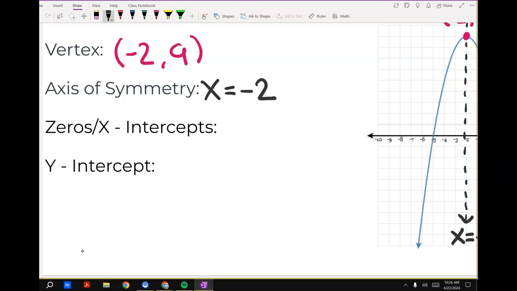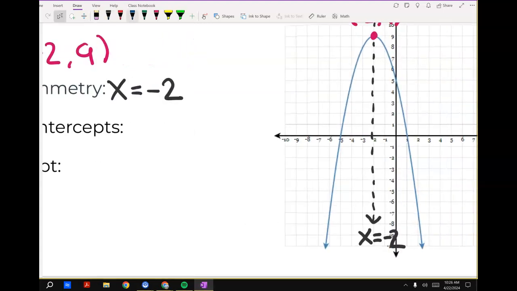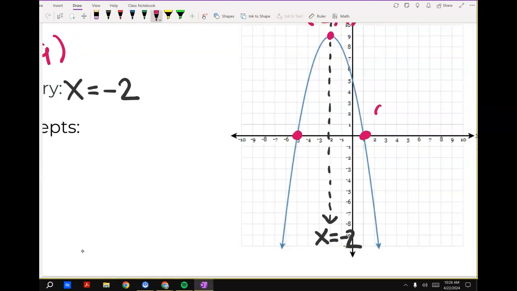My zeros, or my x-intercepts, again, in this case, we have 2. One of them we have (1, 0). The other one would be (-5, 0). Again, the best way to write them is as points, making sure you're doing x and then y.